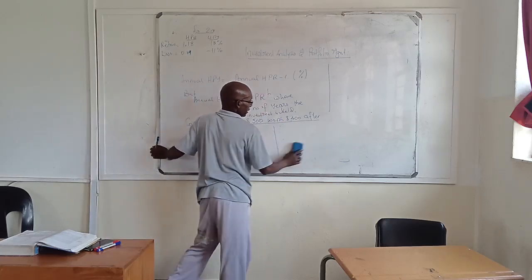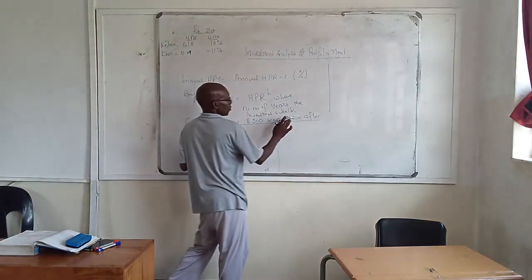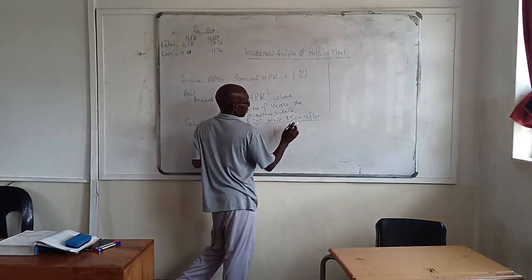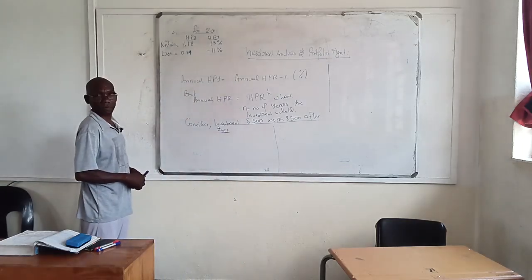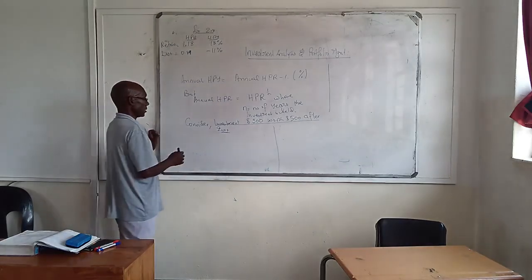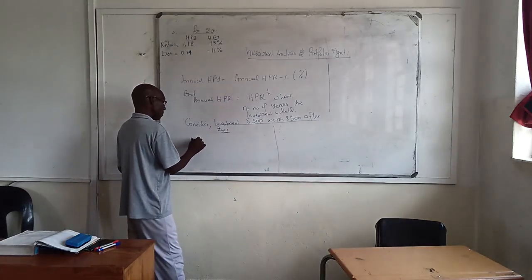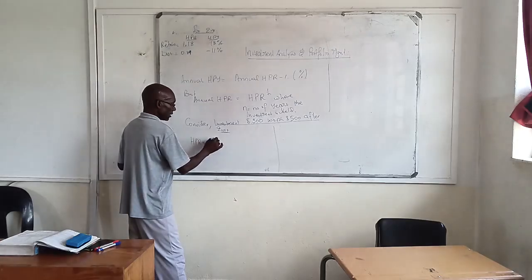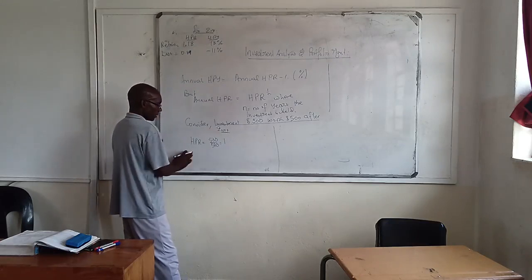Consider that you invested 500 and then you got 500. Let's work out, for 2 years, HPR is equal to 500 divided by 500, and this gives you what?